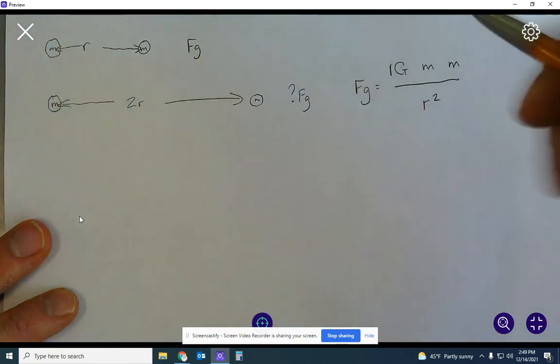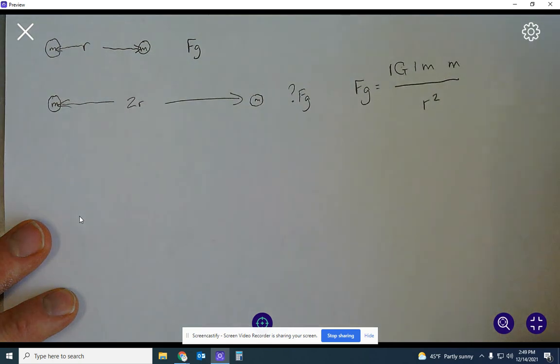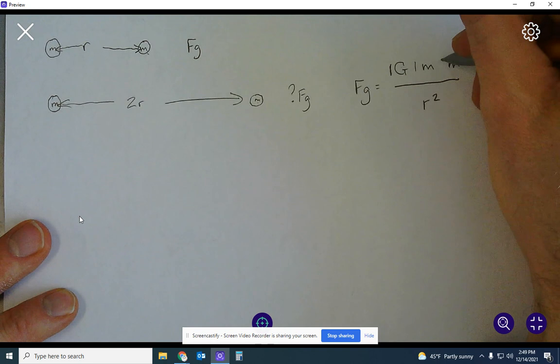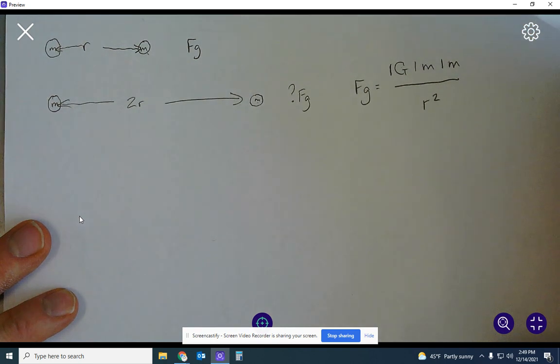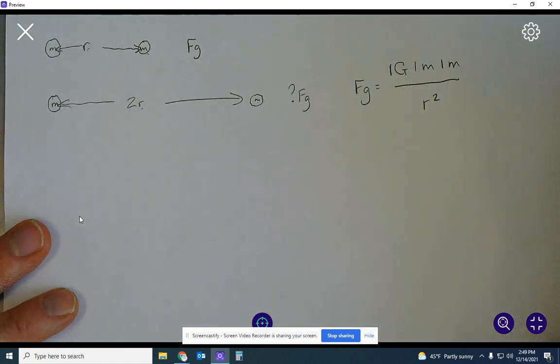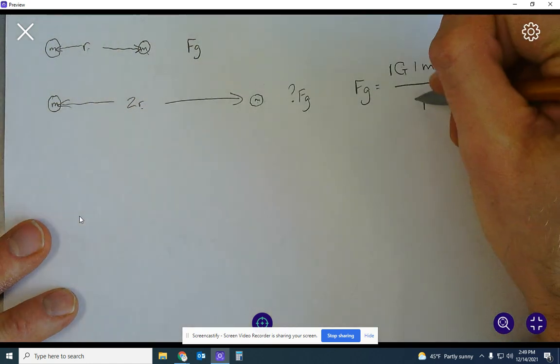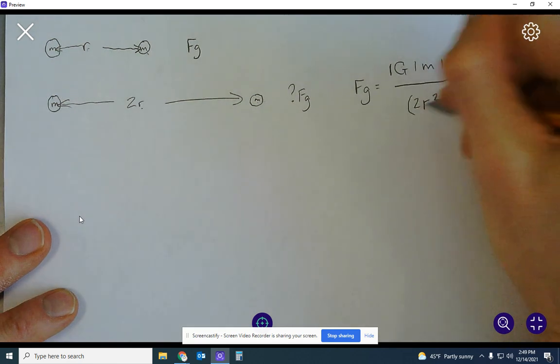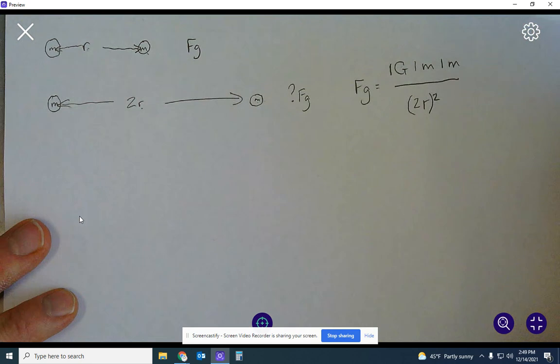This mass is not changing, so it's going to stay 1. This mass is not changing, so it's changing by 1. This distance is doubling, so I have to change this by 2. And it's important that it's 2r, so this square needs to go outside of a set of parentheses.